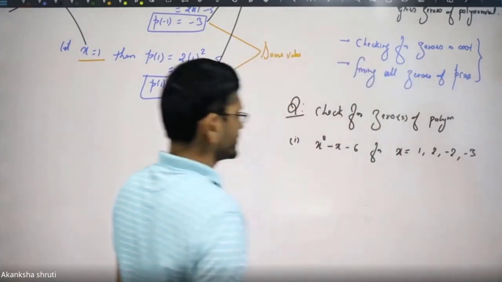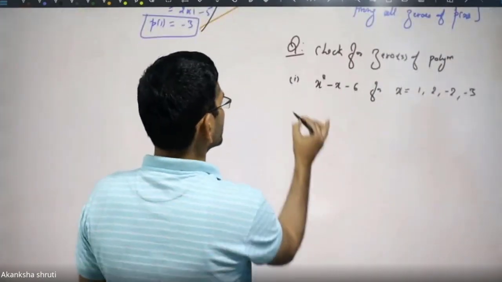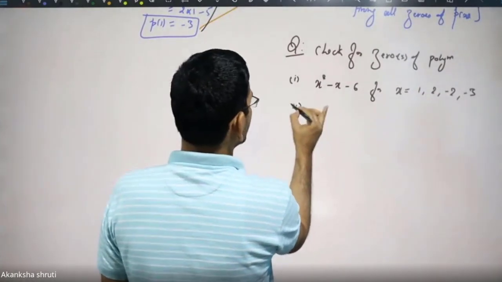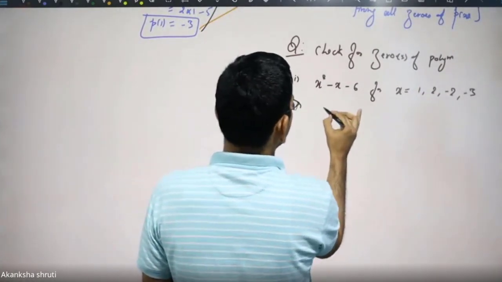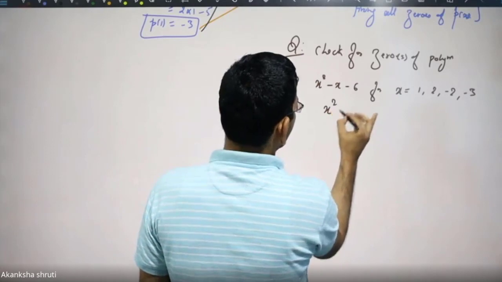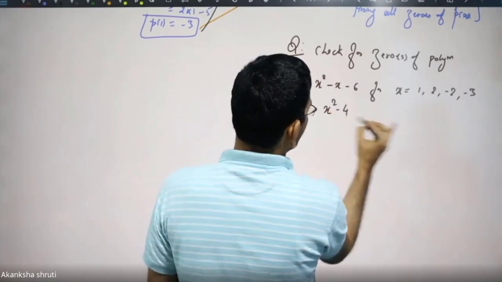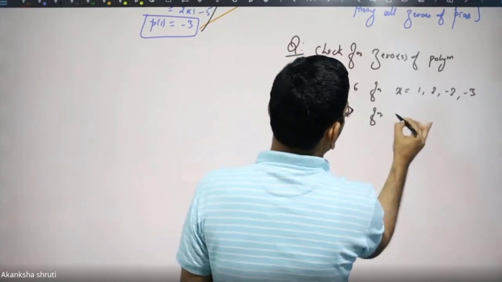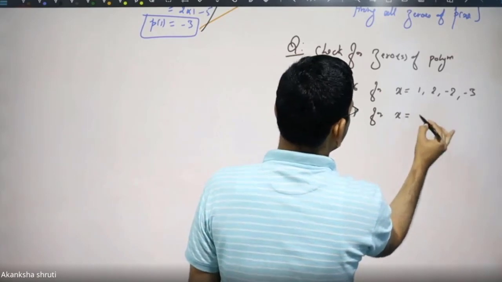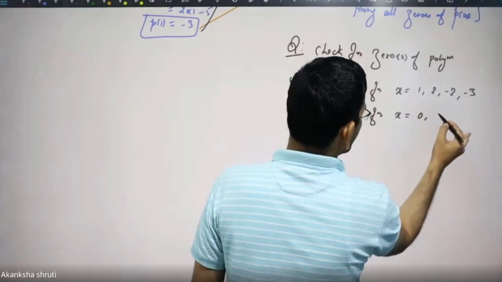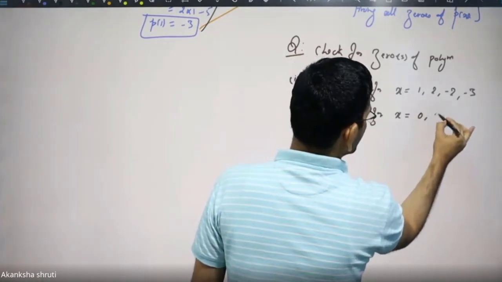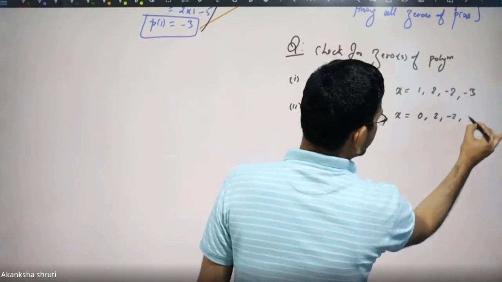We have to check for this one. The second one, say x square minus 4, for x equal to 0, 2, minus 2 and 3.